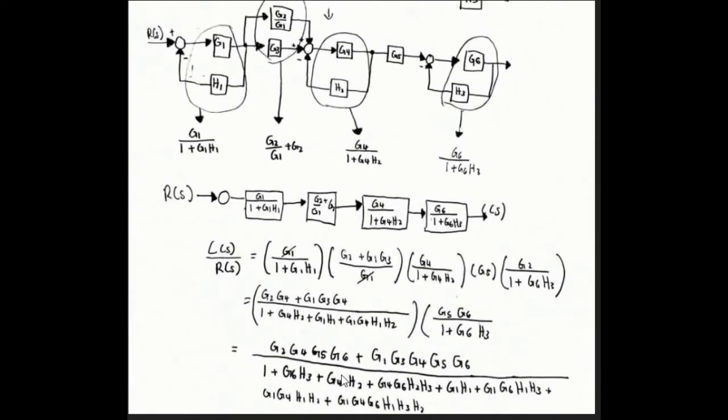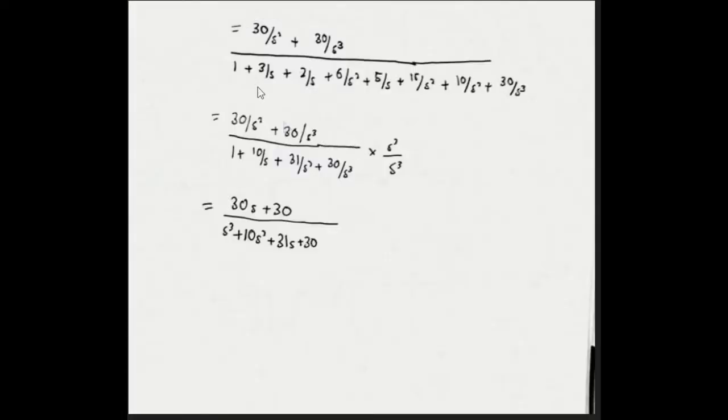After I create the equation like this, I will start to transfer the values of G1, G2, G3, H1, H2 and H3. After transferring the values, I will simplify the value into this, and then I will multiply by s to the power of 3 to remove the denominator, and I will obtain this answer.